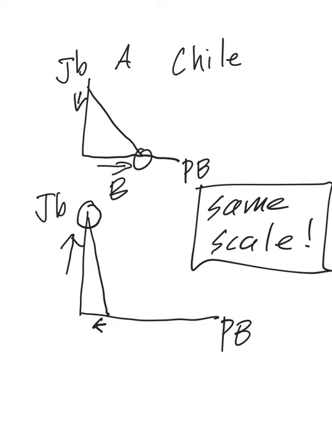So given that we have this pattern for Chile and Argentina, we can say that if trade occurs, it will be Argentina that's exporting the jelly beans, and it is Chile that will be exporting the peanut butter.